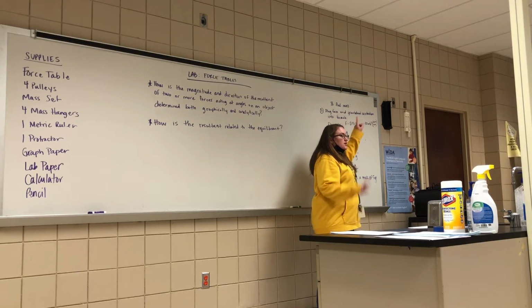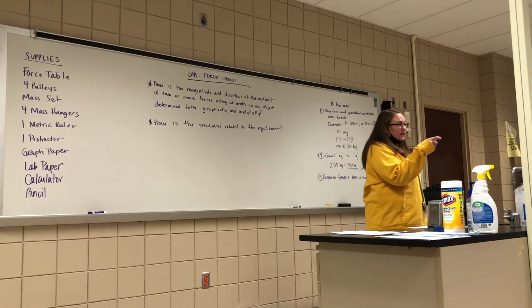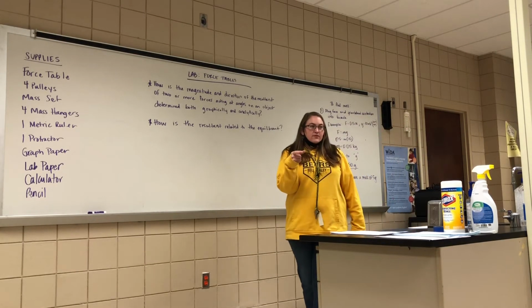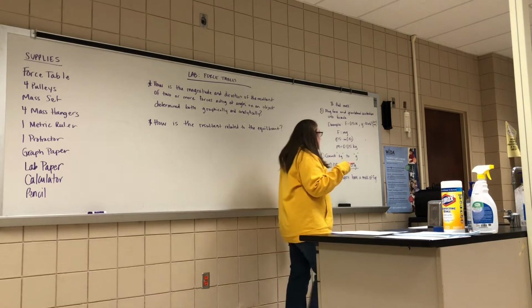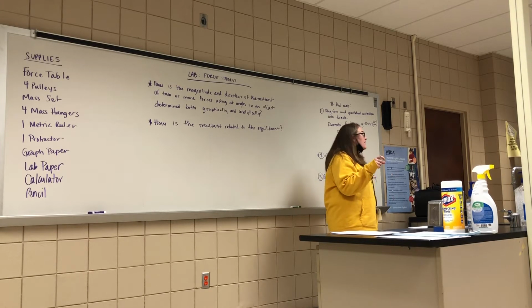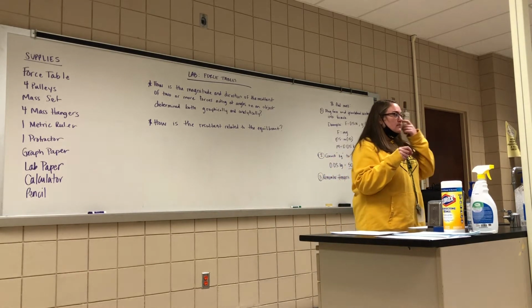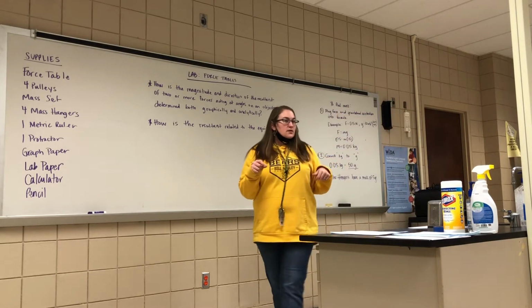Okay, but here's another kicker. That hanger, that mass hanger, is 5 grams itself. So if I need 50 grams hanging, how many grams do I need to put on the hanger? 45. Okay? So you want to include the hanger in that mass. Because I believe it says on the hanger that it's 5 grams. Okay? Any questions so far?